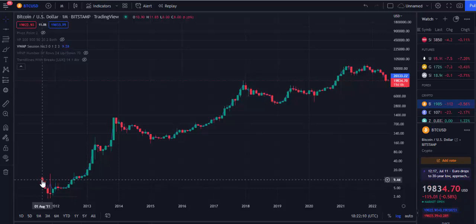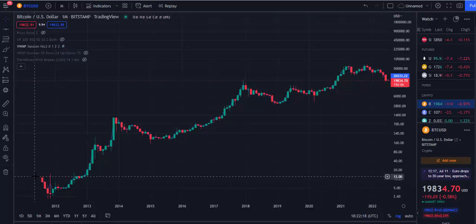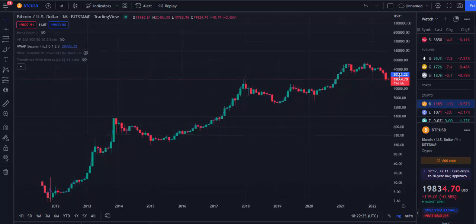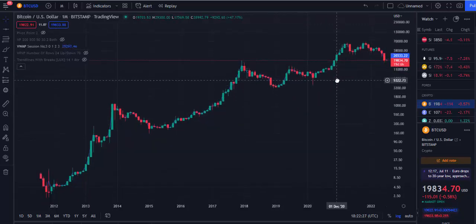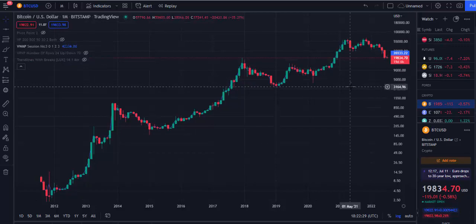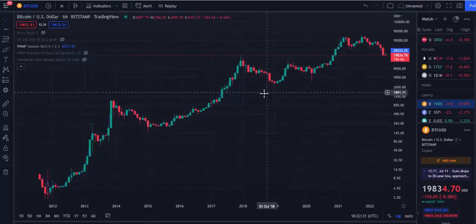It ended in that month at $11. So we are going to use this chart to take a look at what has happened before and what can possibly happen again, and what has been happening during those bull runs.